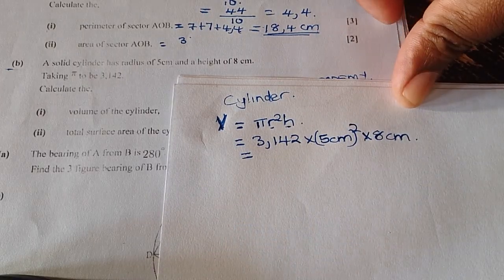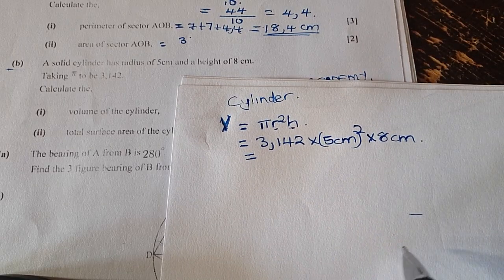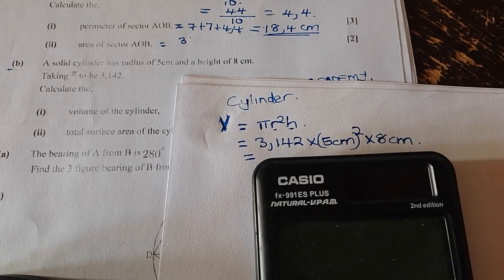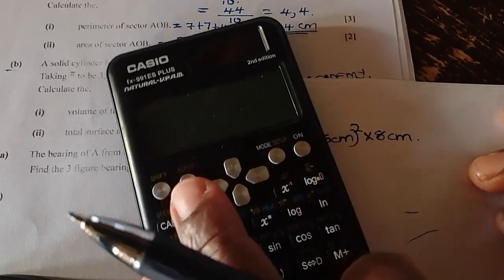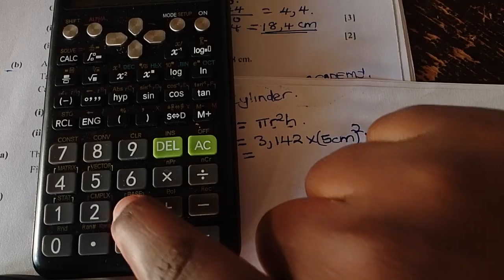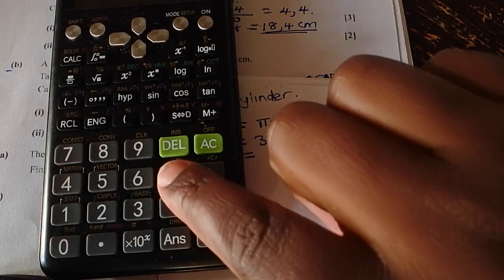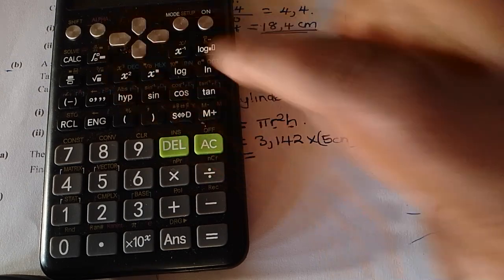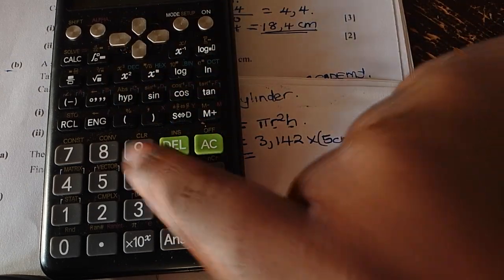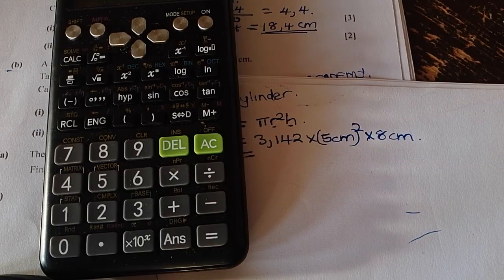We punch those right into our calculator. We have 3,142 times 5 squared times 8. Right, what do we get?